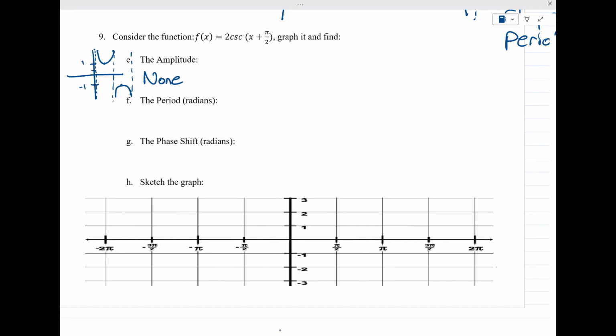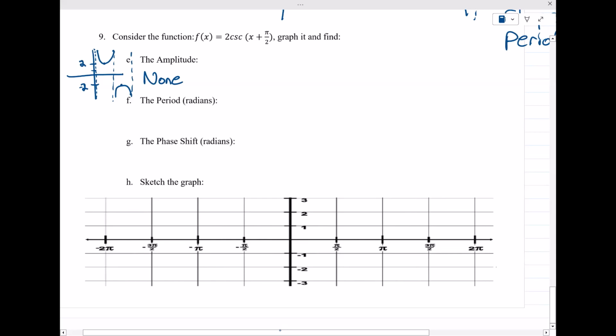All right, so that's if there was no 2 in front. What do you think having the 2 is going to do to the graph? It bumps it up to 2 and -2, right? So instead of being at 1, now it's going to be at 2 and -2. Does that make sense? Doesn't affect the amplitude because there is no amplitude.